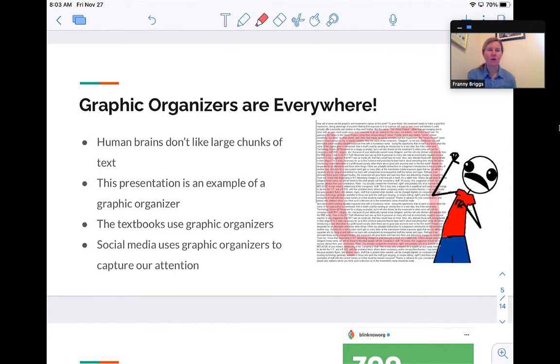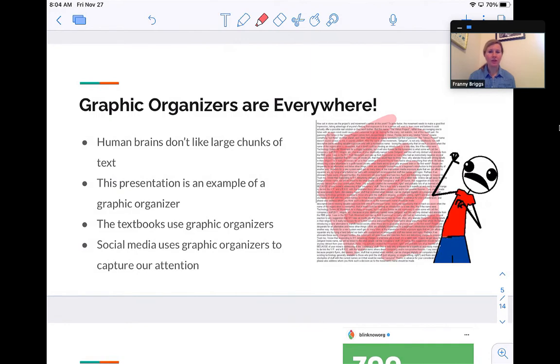So what we're requiring of our students is we're saying, okay, here's a big chunk of information. I want you to show me that you know what's going on in this text to make it more accessible, so that when you're going back to study for an exam or to review, you don't have to read this text again. You can just reference your graphic organizer.